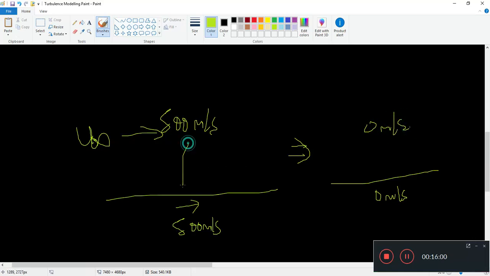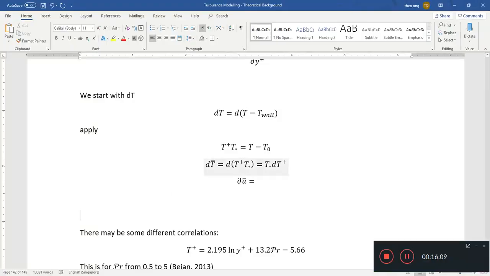So what is actually important is the relative velocity. Similar to how for temperature, the importance is the relative temperature between the wall and the fluid, this is the relative velocity between the wall and the fluid.